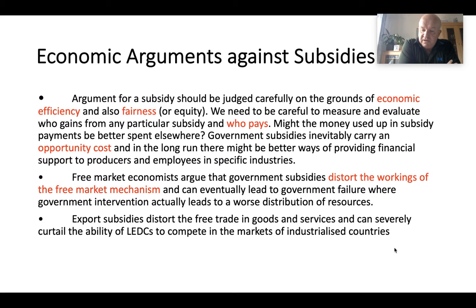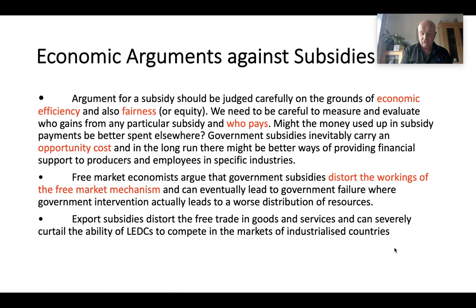So some free market economists argue that subsidies essentially distort the workings of the free market mechanism, and that obviously in some instances that could lead to government failure, particularly if the government intervention, maybe through lack of information or poor information, might lead to a worse distribution of resources than without the subsidy.